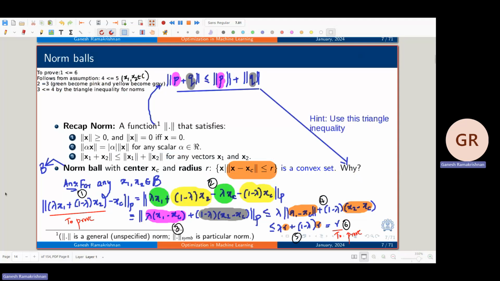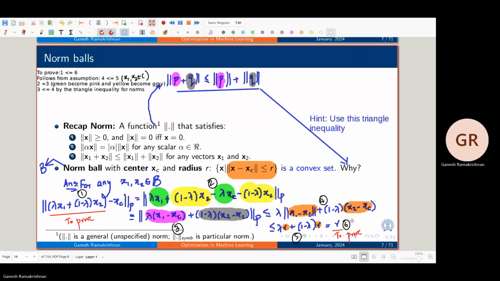So how do you do that? The first is you take lambda x1 plus 1 minus lambda x2 minus xc. Our goal is to prove that this is less than or equal to R. You want to show that this 1 is less than or equal to 6. I have filled in the intermediate steps.